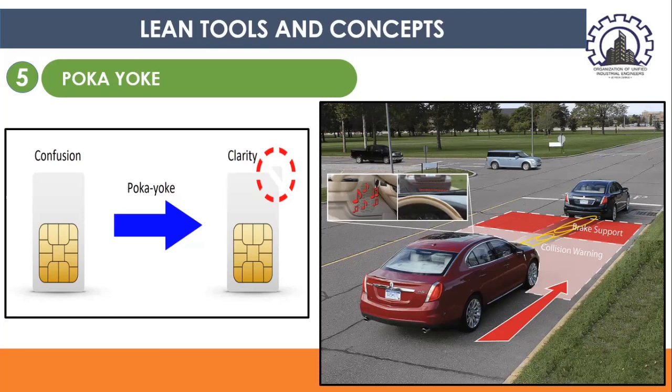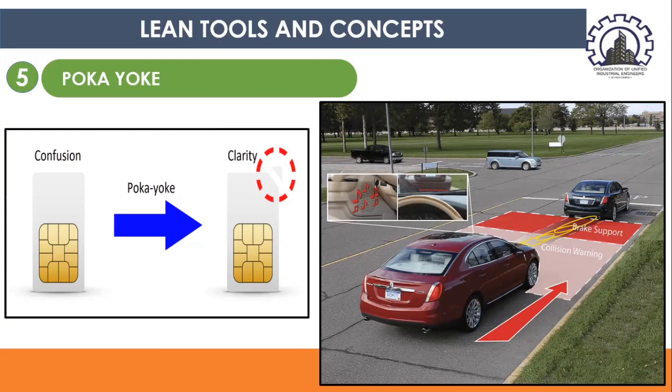Okay. So in another picture, on my right portion, you can see there a car. You have there a red car and a black car. Now, as you can notice, in the red car, you have there standards inside the car which detect errors as well.